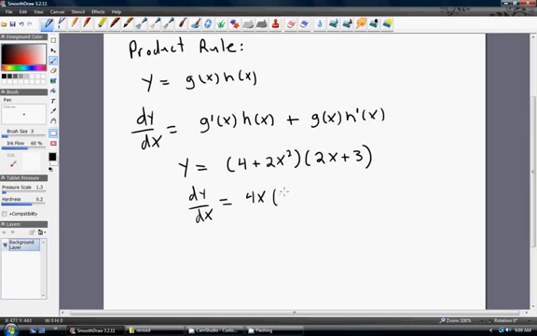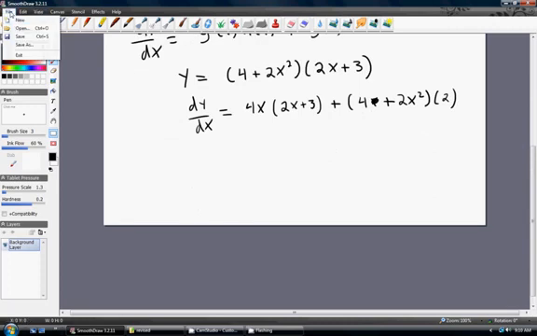That's going to be multiplied through by 2x plus 3. So all I did was the first part of this rule. And we're going to add to it g of x multiplied by the derivative of h of x, the derivative of what's in parentheses here. The derivative of 2x plus 3 is just 2. We could simplify that, but that is the basics of taking the product rule. Let's move on to a new one.